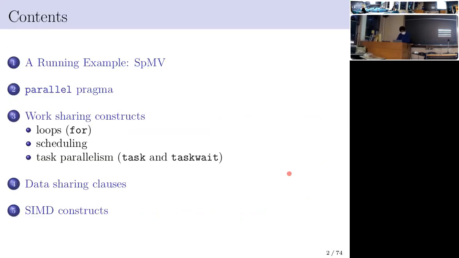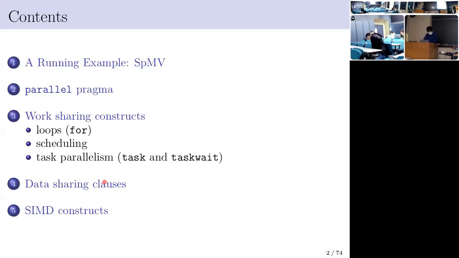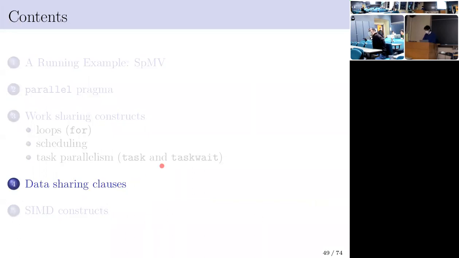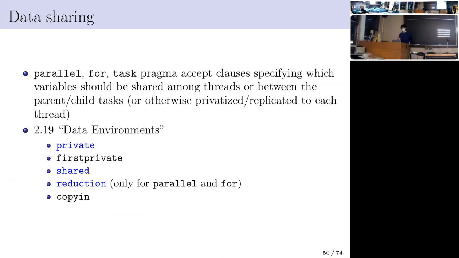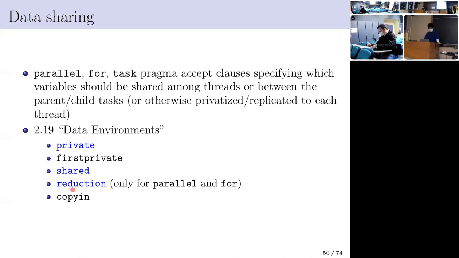Okay, so data sharing clause is our next topic. Last week, we discussed how you can use the scheduling clause and some other things to distribute the work, typically represented by loop iterations, across the threads you created using the #pragma omp parallel, right?